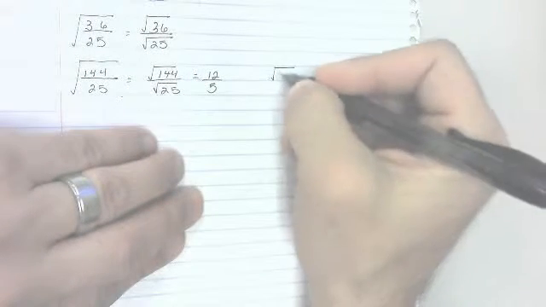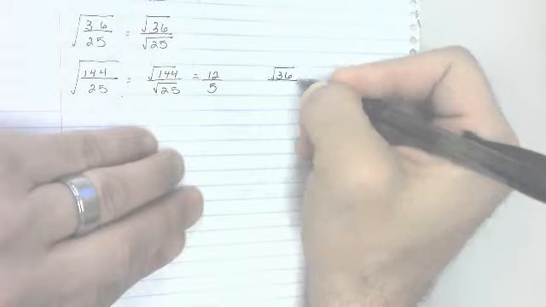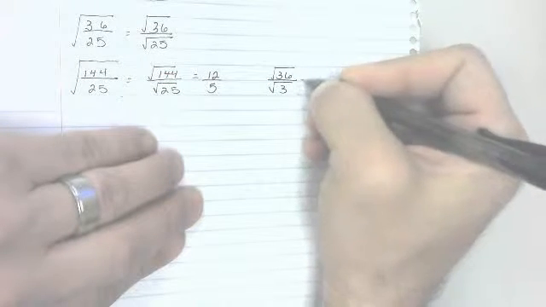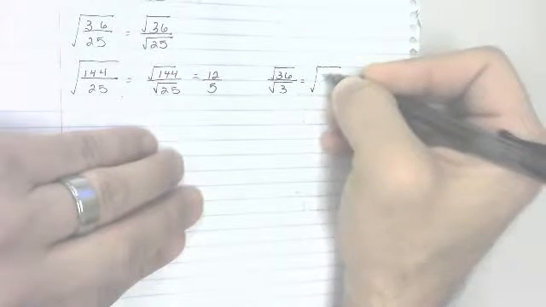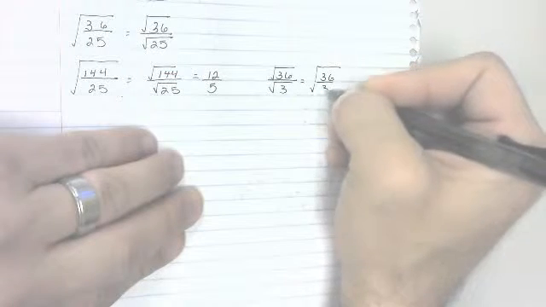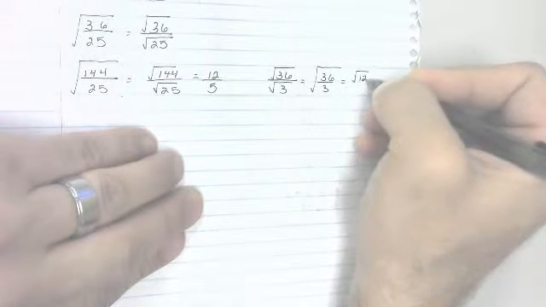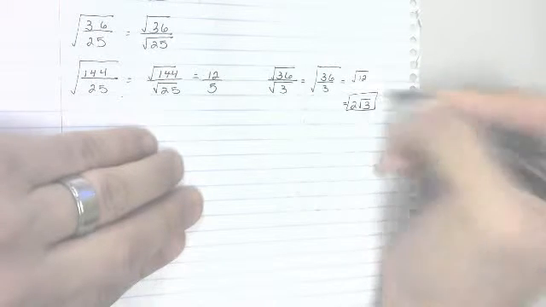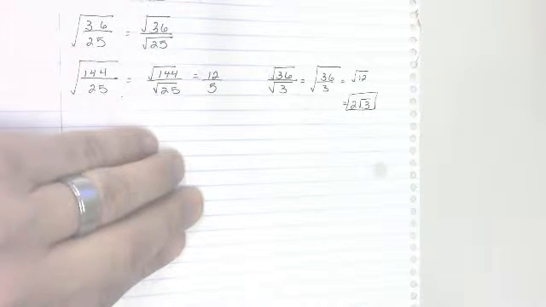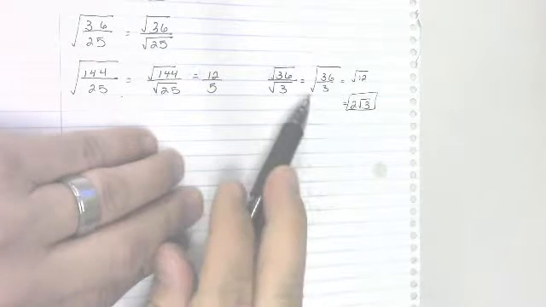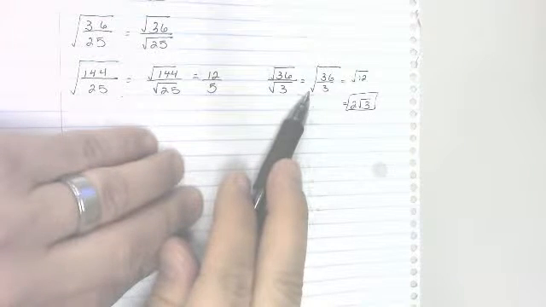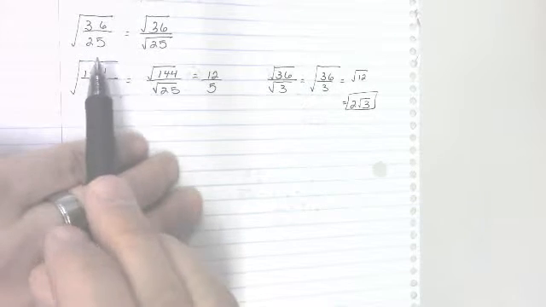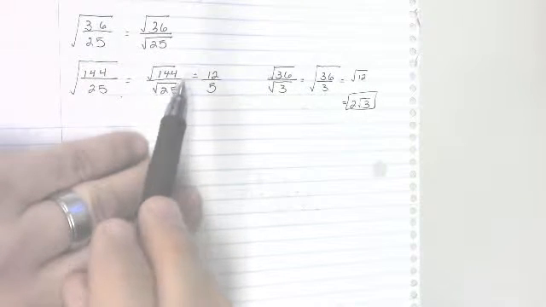But other times, we'll have the square root of 36 over the square root of 3, and we'll want to make it the square root of 36 over 3, which is the square root of 12, which is 2 square roots of 3. So if we can reduce the numerator and the denominator, we may want to write it as a radical over the whole fraction, and if we cannot, we may want to write it as two separate radicals.